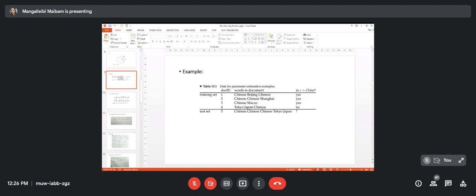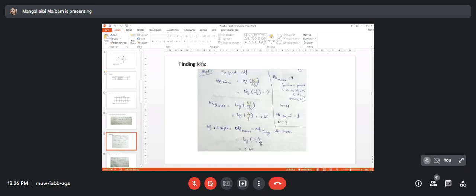Because you see here, Tokyo occurs only in D4, Japan occurs only in D4, Macau occurs only in D3. So one time each: Beijing, one time; Shanghai, one time; Macau, one time; Tokyo, one time; Japan, one time. That's why the document frequency for these respective terms is 1. Then for finding IDF, it will be 4 divided by 1, log 4 divided by 1, so it is 0.60.